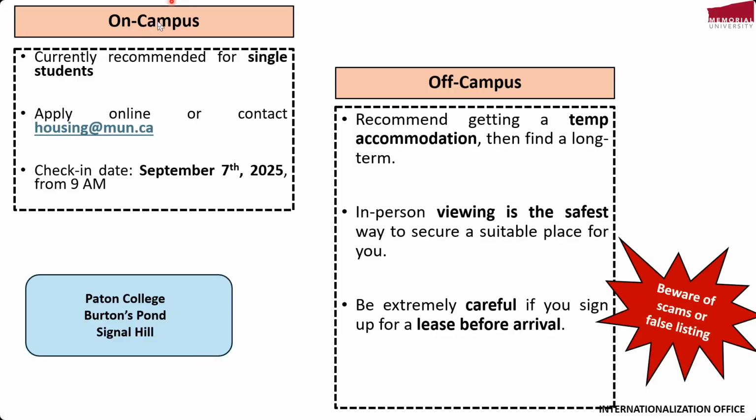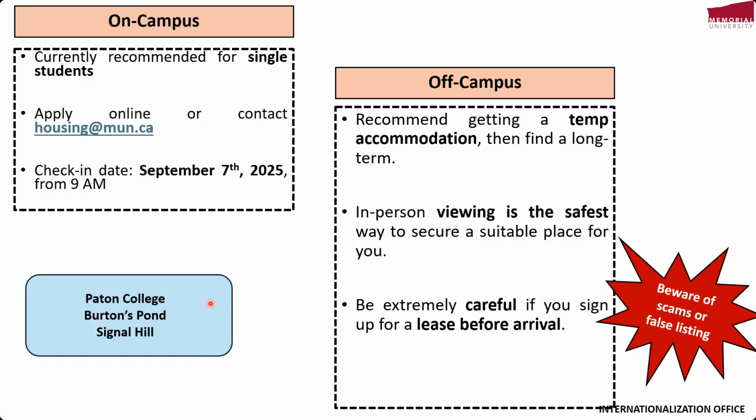Okay, so let's talk about on-campus housing. I will just give a quick overview here. Like I mentioned earlier, I am the off-campus housing advisor, and for detailed information on on-campus housing, you have to connect directly with the on-campus housing team.